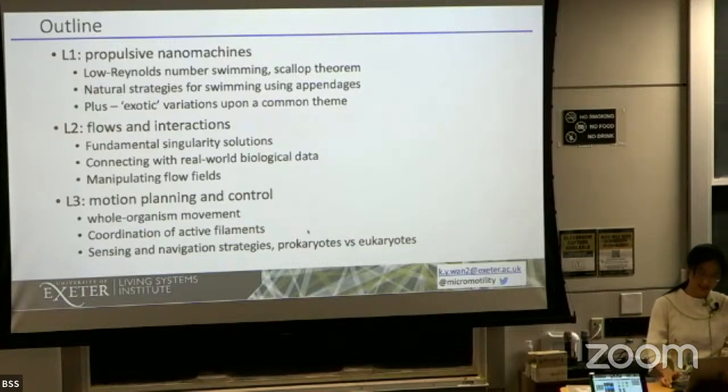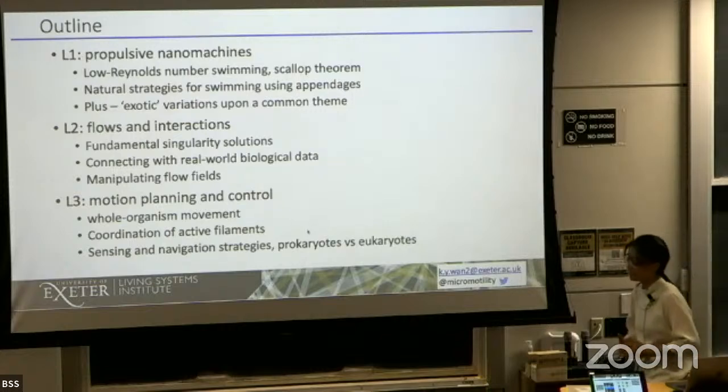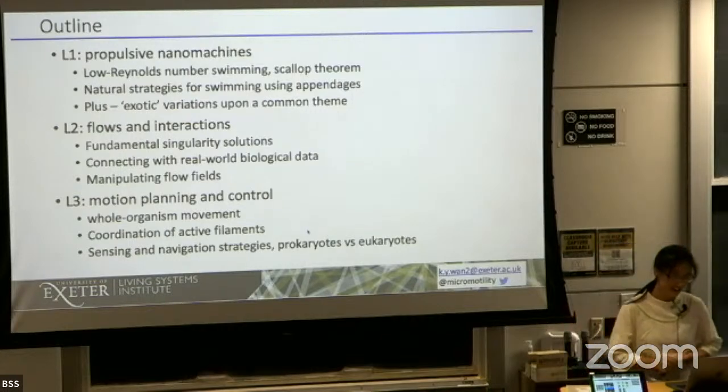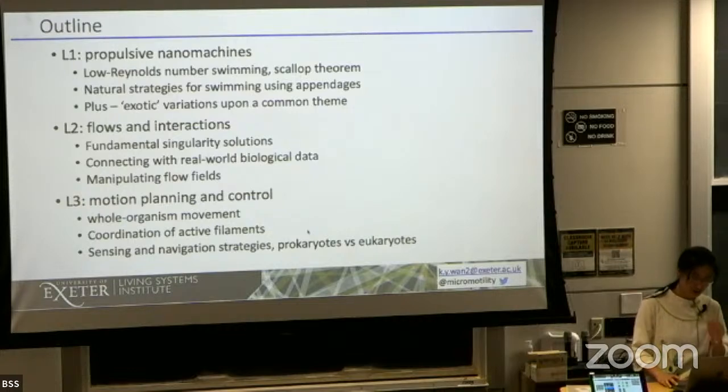And then we identified some common themes, in particular the usage of filaments for propulsion, and presented an argument for why this is important. What we want to do a bit more today is to connect these movement patterns with experimental data in order to understand how organisms interact with their fluid environment.